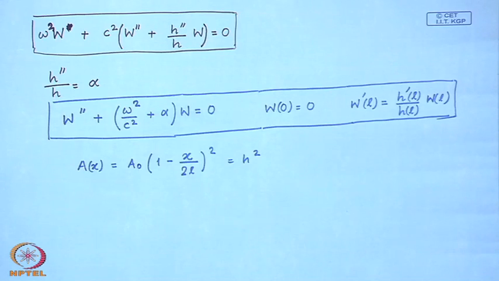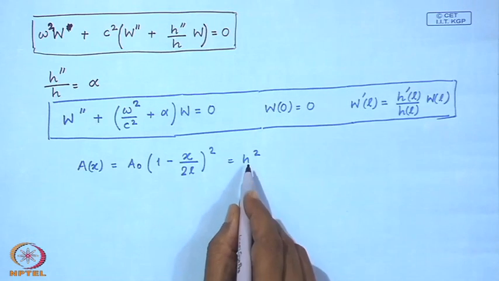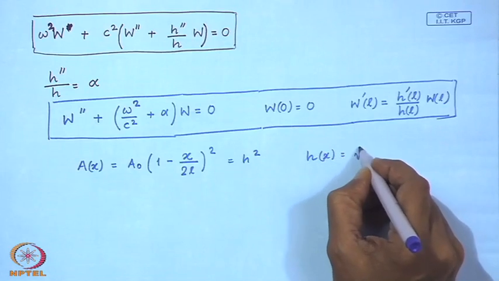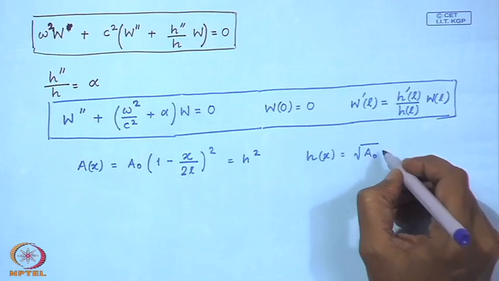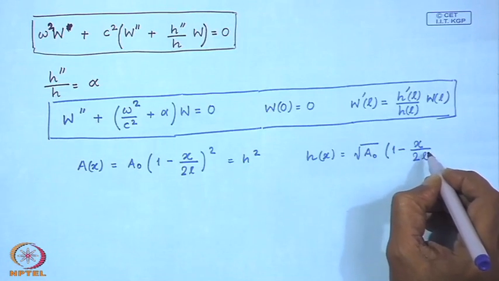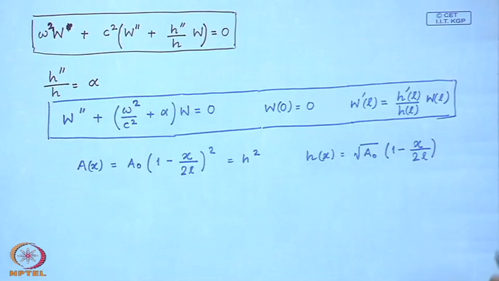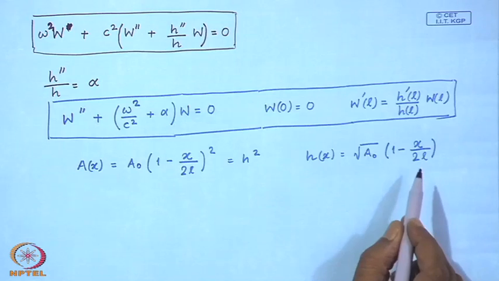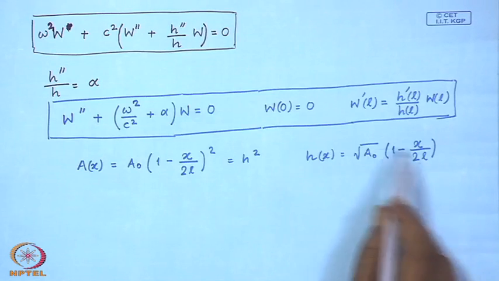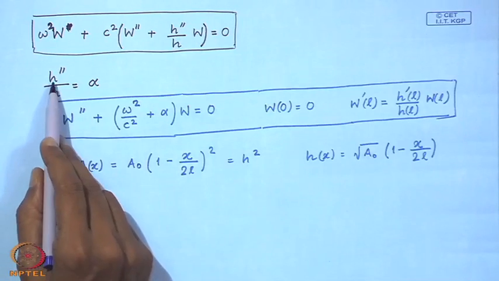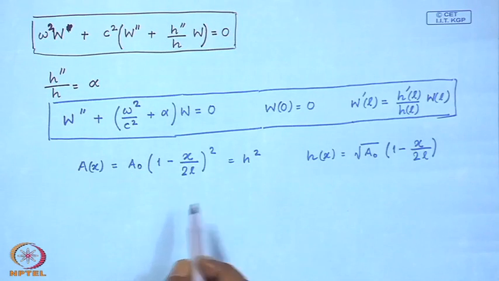So, if this is h square, then h is linear in x, and for this situation if you substitute this expression here, then you will find that alpha for this special case is 0.